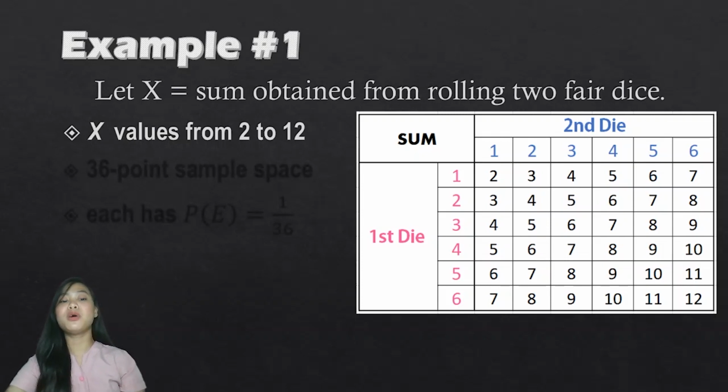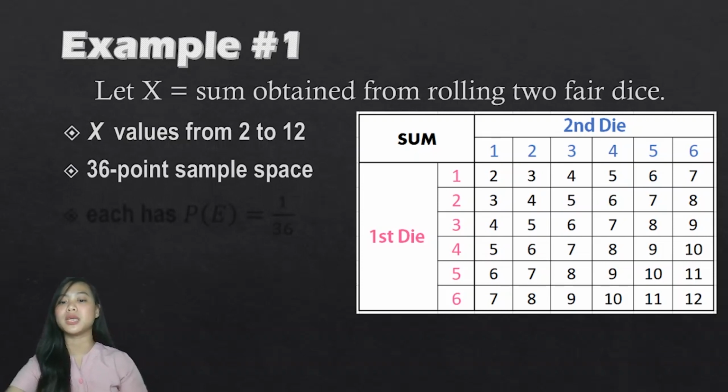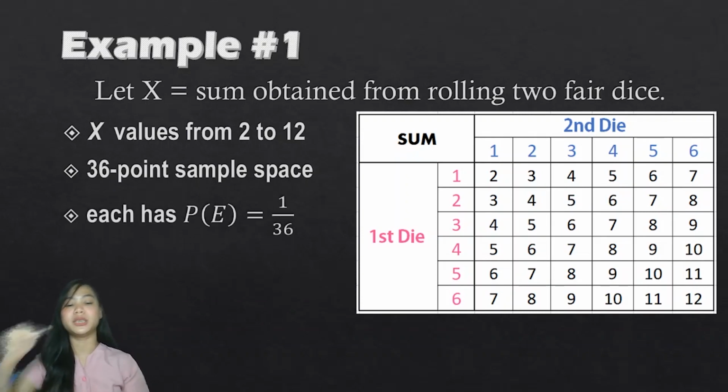This table shows us the 36-point sample space. As we can see, we have 6 times 6, so we have 36. We have 1, 2, 3, 4, 5, and up to 36. Each event has a probability equal to 1 over 36.